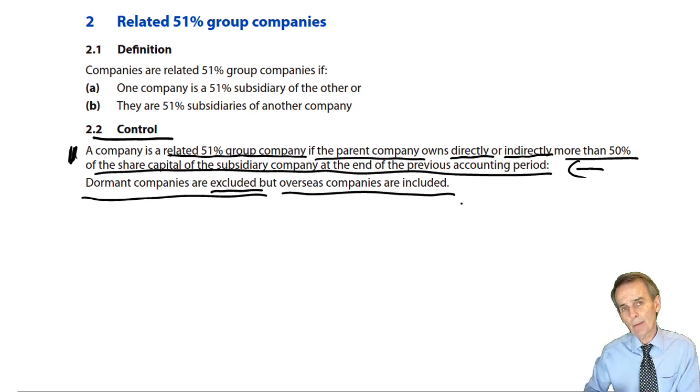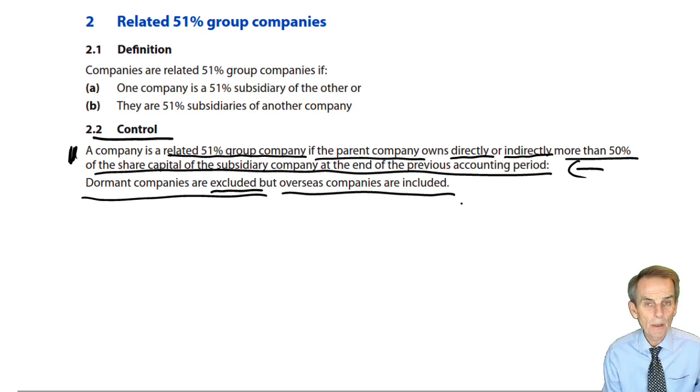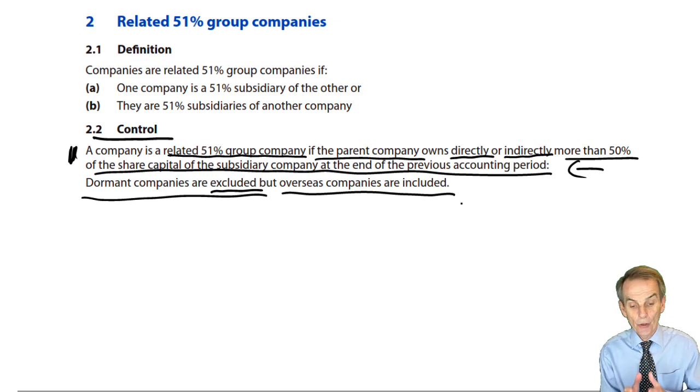Now, even though its profits would be outside the scope of the UK taxation system, the fact that this overseas company exists within the effective 51% group would mean that it impacts on the number of related 51% group companies for the UK group in determining the profit limits for each of those companies.